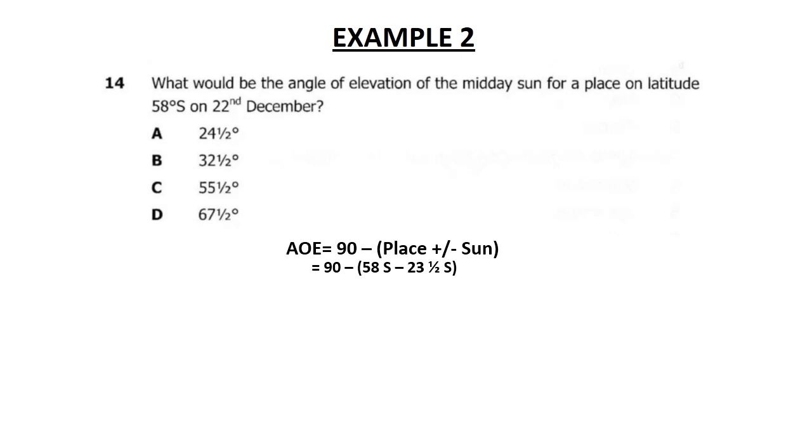So angle of elevation is equal to 90 degrees minus 58 degrees south minus 23.5 degrees south. Angle of elevation is equal to 90 minus, in brackets, 34.5.